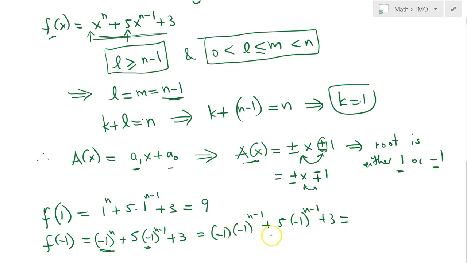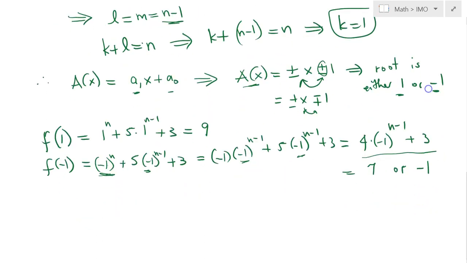So we can put them together and get 4 times minus 1 to the n minus 1 plus 3. Regardless, the first term will be plus or minus 4 and the second term is 3. So if it's plus 4 we will get a 7, or if it's minus 4 we will get a minus 1, but both of them are not equal to 0 regardless.